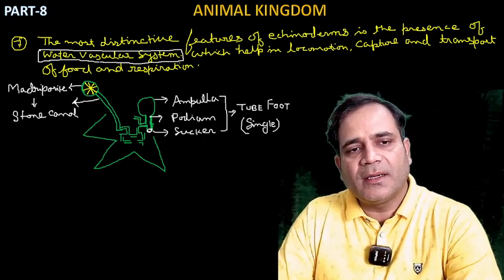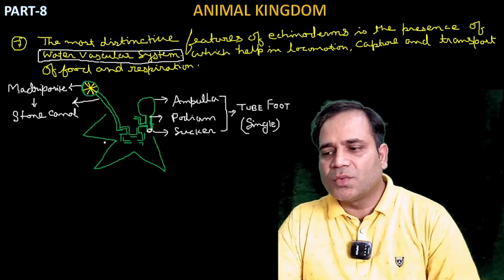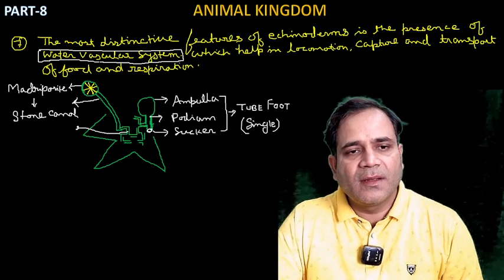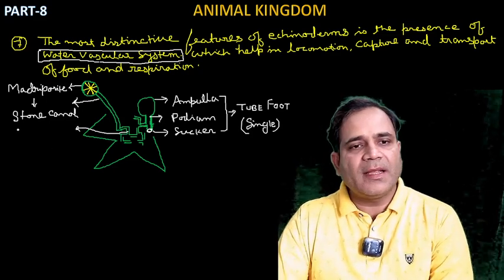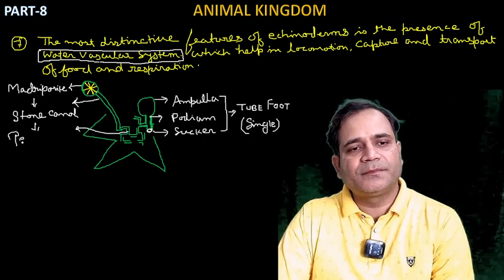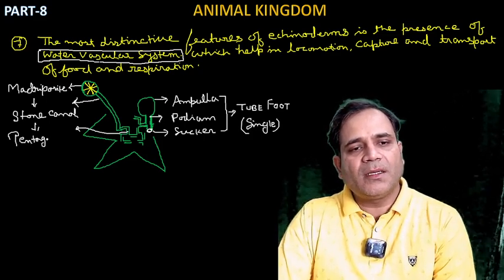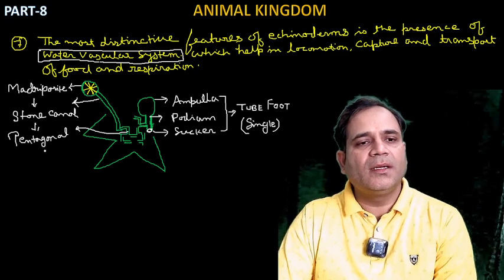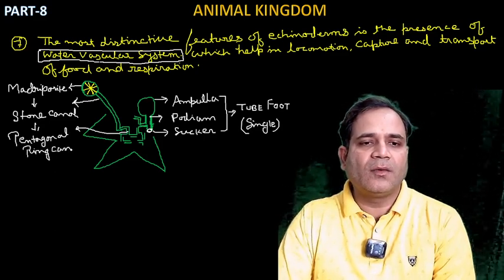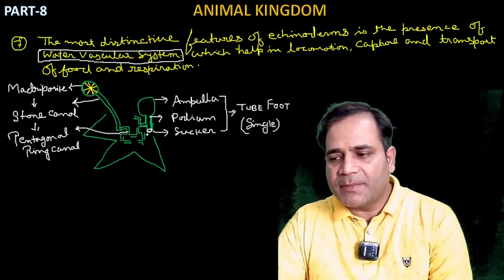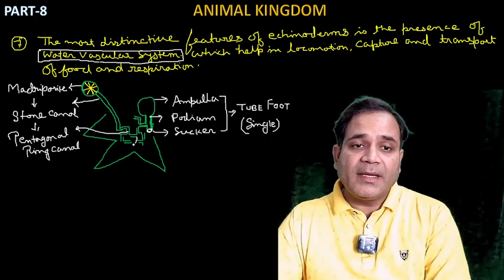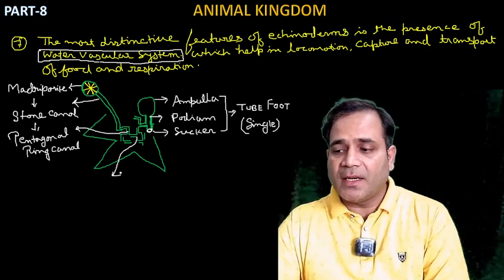Stone canal. And after that, this stone canal is further divided into this pentagonal ring canal. What am I writing here? A ring canal. Okay. And after that, this pentagonal ring canal is further divided into which one?